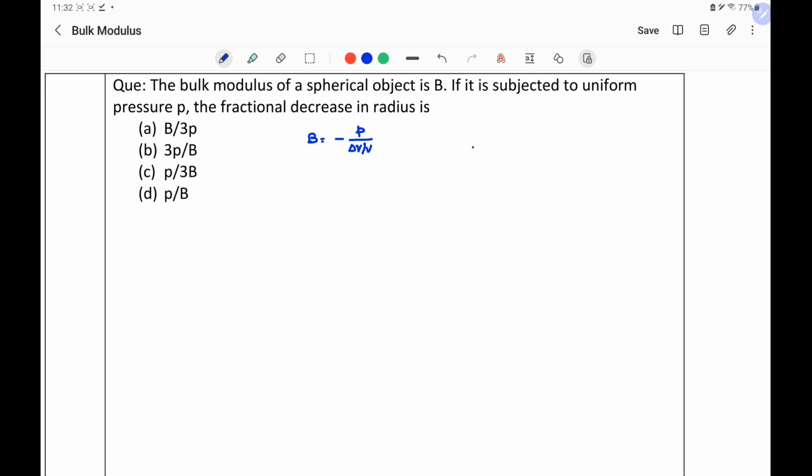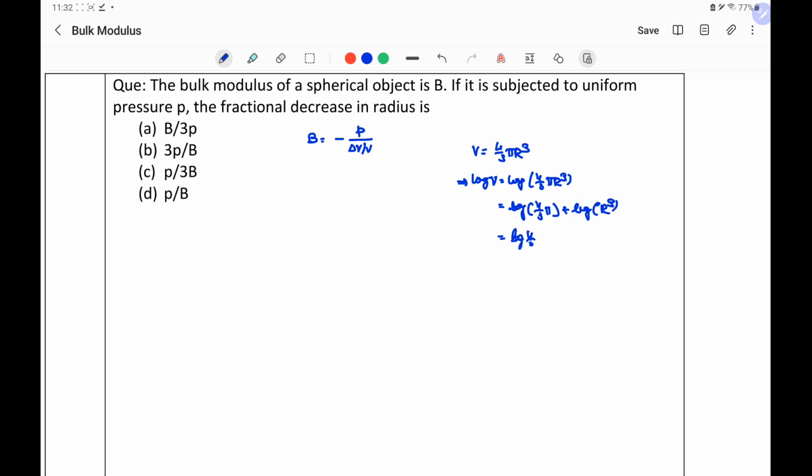We know for a spherical object volume is 4 by 3 pi r cube. Therefore, on taking the log on both sides, it will be log V equal to log of 4 by 3 pi r cube, which can be written from the formula of log mn equal to log m plus log n. So it is log of 4 by 3 pi plus log of r cube.